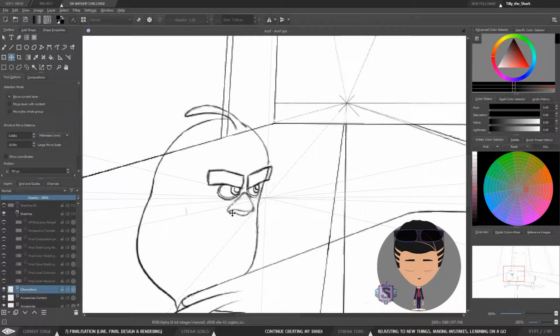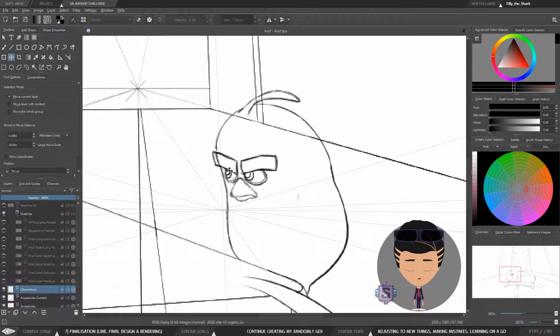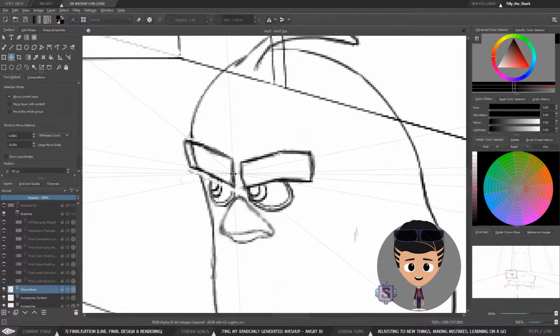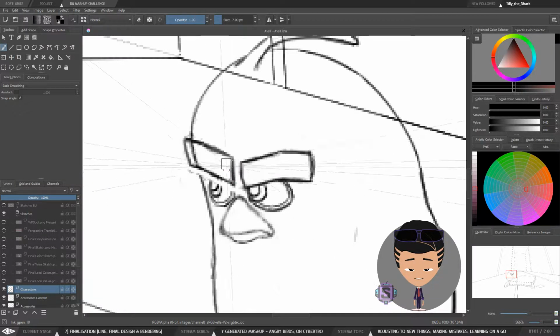Yeah, so I like how this eye looks, but this eye, we need to create a, yeah, I need to lift it up a little bit higher. Then draw the rest of the eye. Let's try this and see how it's going to look.